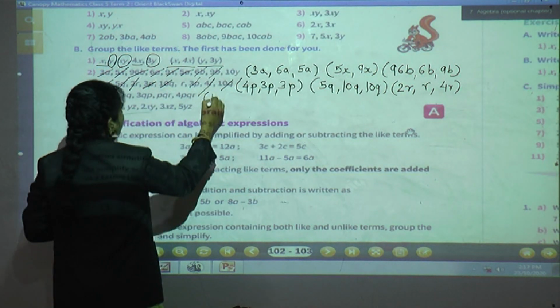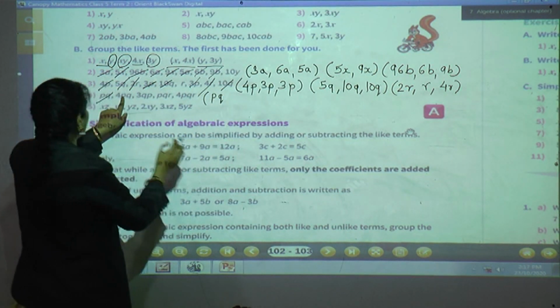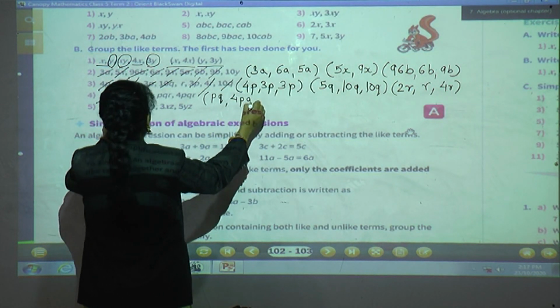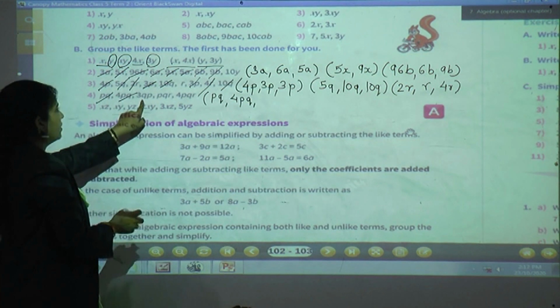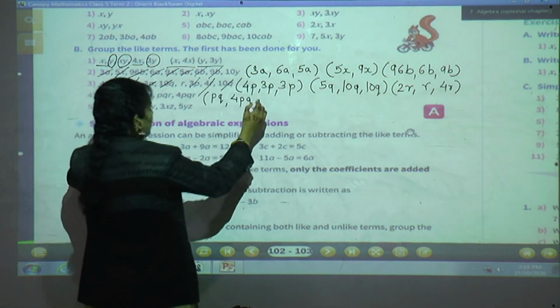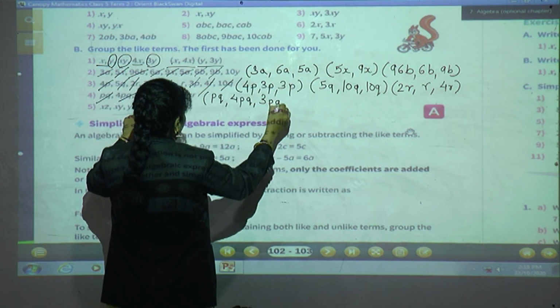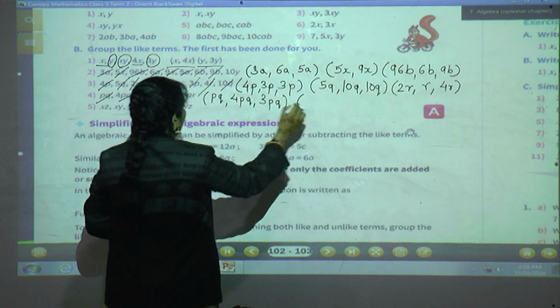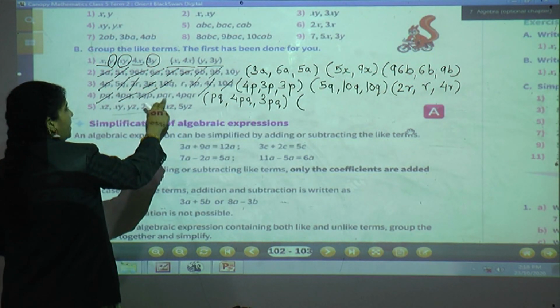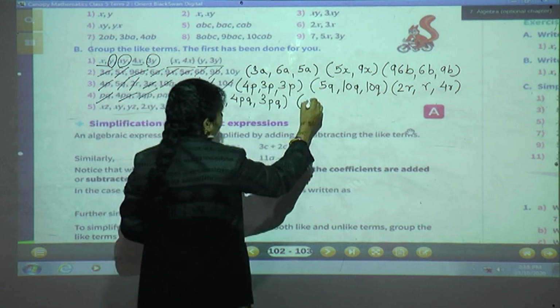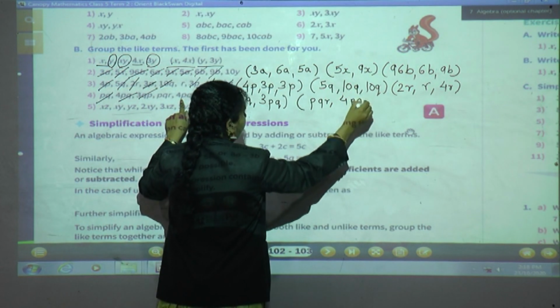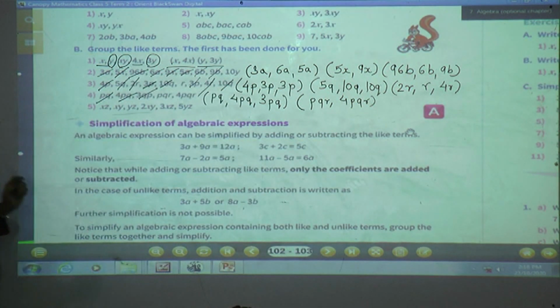Okay, now fourth one, pq. See, pq, 4pq, again next one 3qp, that means 3pq. Okay. Now one more like term pair is there, pqr and 4pqr. Understood all of you? Now fifth one.